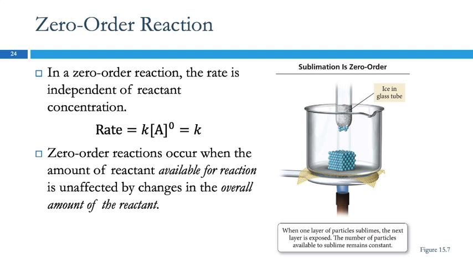The same number of atoms, right? And so as this disappears, we still have the same amount of reactant available. And that's why the reaction order is 0. It doesn't depend on the concentration. So here we have the amount of reactant available for reaction, that's the important thing, is unaffected by changes in the amount of reactant.